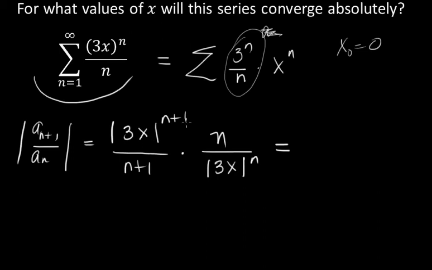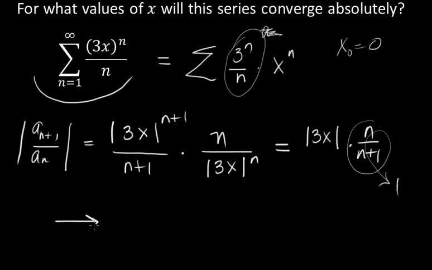Okay, well, we can do some canceling. 3x to the n plus 1 over 3x to the n just leaves us with the absolute value of 3x on the top, and that is times n over n plus 1. And we know that n over n plus 1 goes to 1 as n goes to infinity, so the limit of this is the absolute value of 3x.